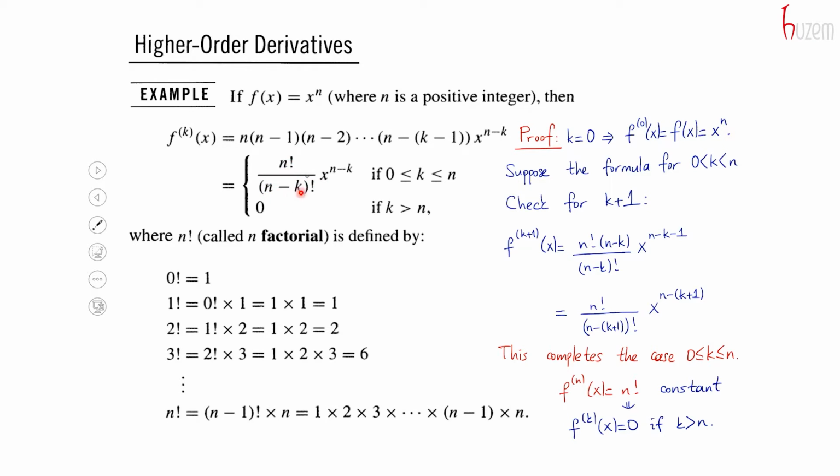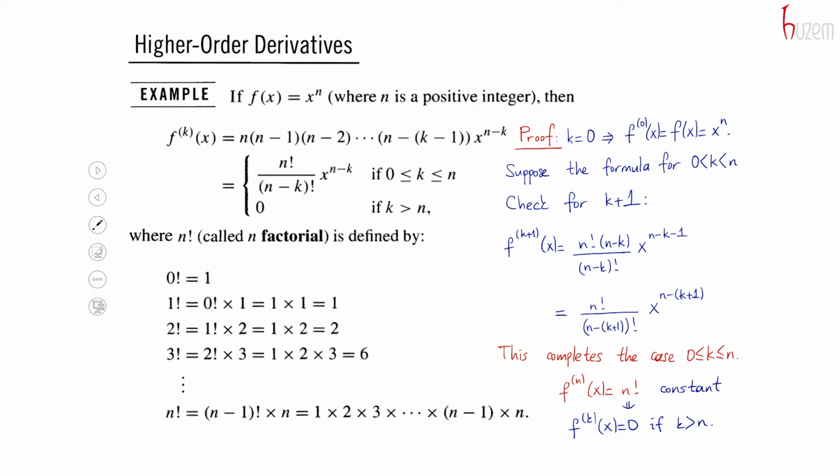So this gives us 1, n factorial divided by n factorial, times x to the power n minus 0, which is x to the power n. So this formula gives us x to the power n when k is 0, and we know that this is f(x). So the 0th derivative of f is given by this formula, and the formula is true for k equals 0.